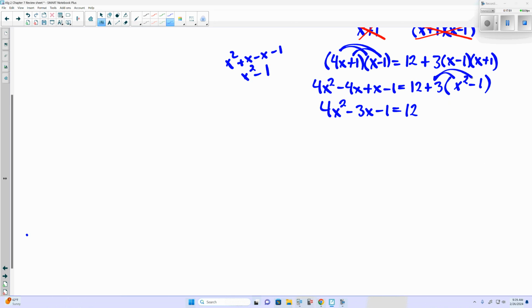The right-hand side, we're going to distribute the 3, giving us 3x squared minus 3. At this point, we can finish combining like terms, because after multiplying through by 3, we had 3 and negative 3 and 12 that are like terms, and we can combine.